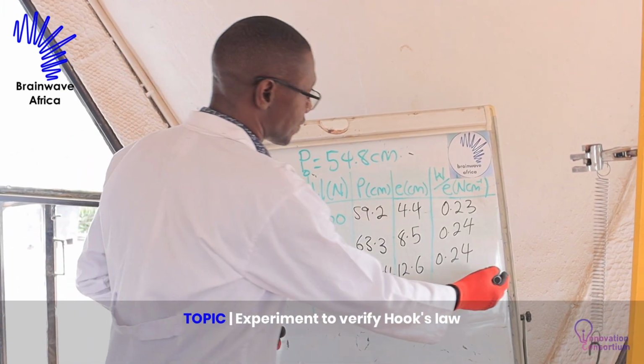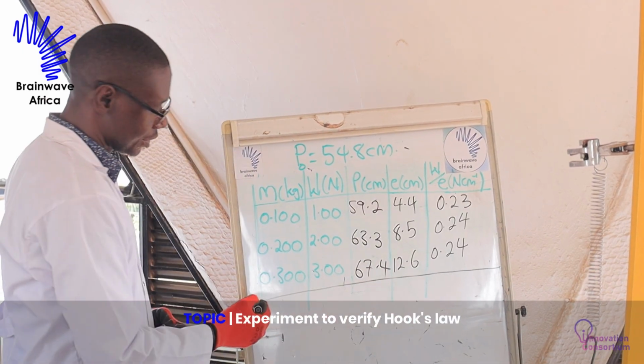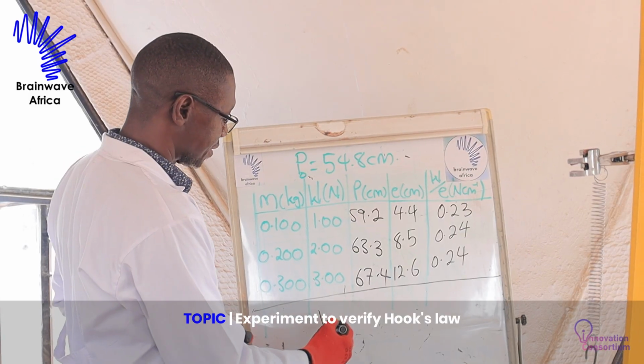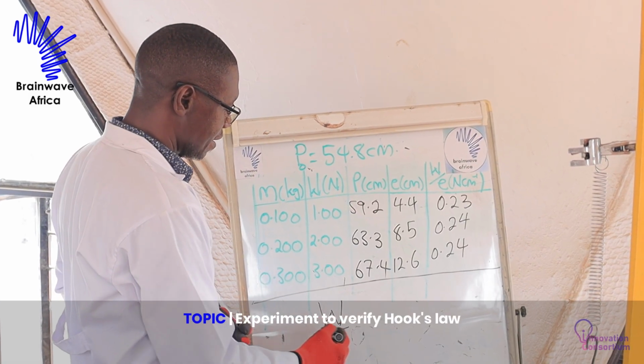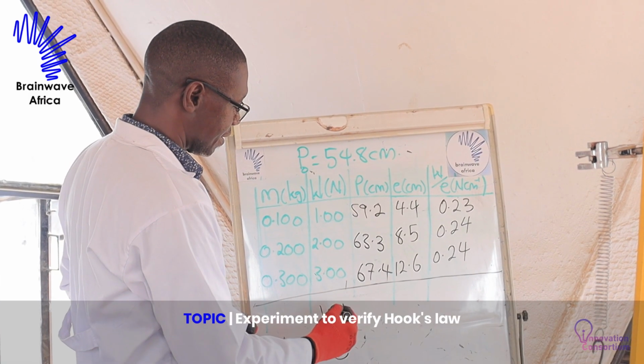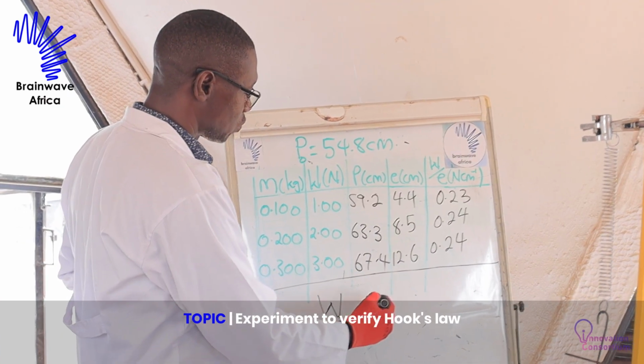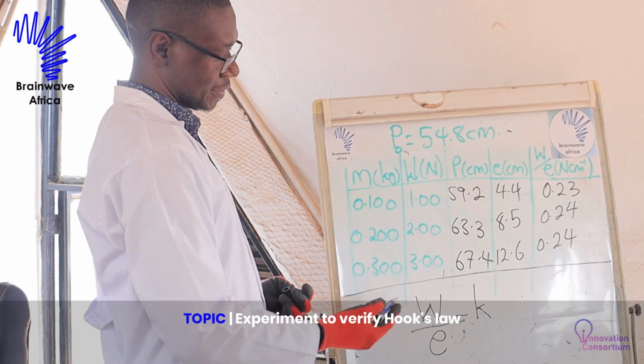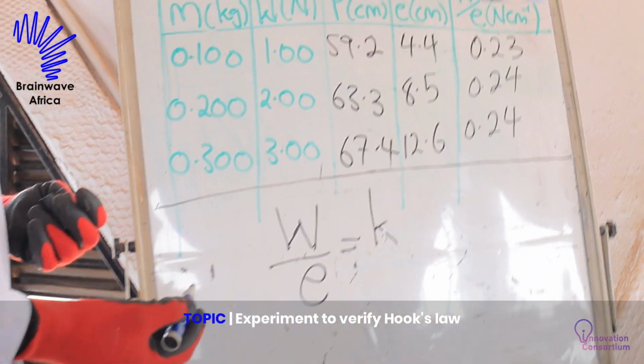So from this, we can conclude that the weight divided by the extension is equal to a constant. A good approximation is equal to a constant.